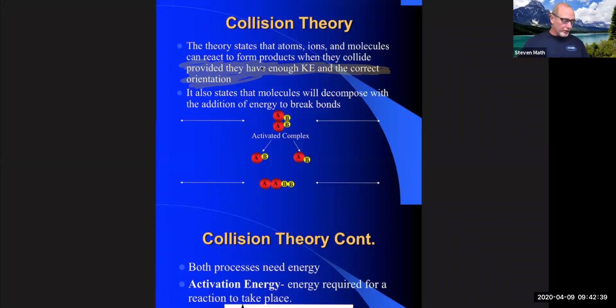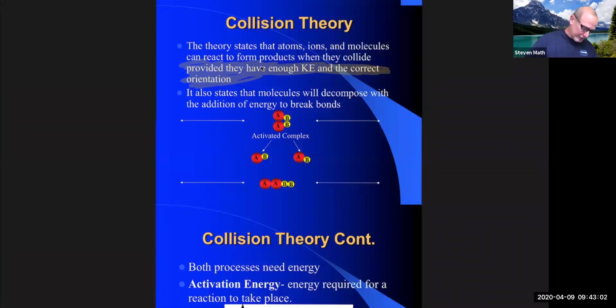So collision theory accounts for how things combine together. In our demolition derby example, they have to have sufficient collision and energy, and also in a decomposition way, those particles have to have enough energy put into the system to make them vibrate enough that they're going to break apart and they're going to decompose.